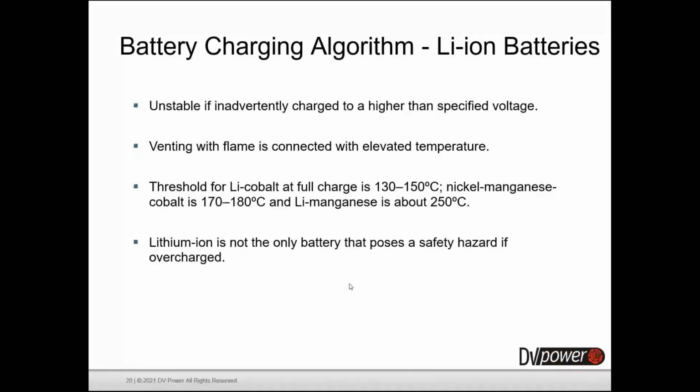Nickel manganese cobalt is 170 to 180 degrees Celsius, and lithium manganese is about 250 degrees Celsius. But lithium-ion is not the only battery that possesses a safety hazard if overcharged. Lead and nickel-based batteries are also known to melt down and cause fire if improperly handled.